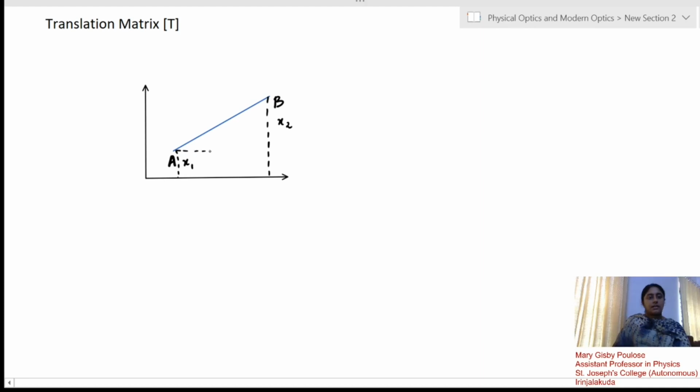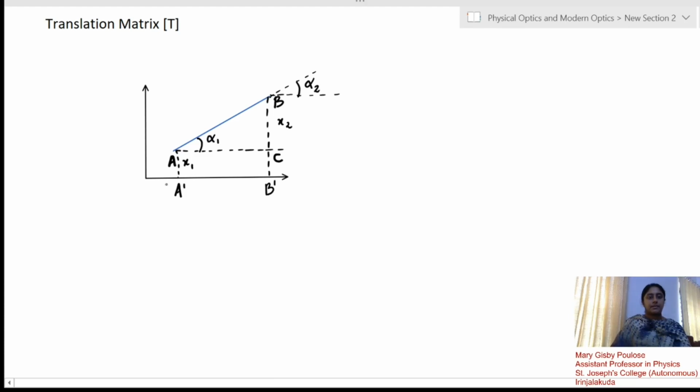If I draw a line parallel to the z-axis with point A and point B, extrapolating this line, I can define the angles. Let this be angle alpha 1 and this be angle alpha 2. I'm going to denote this point as C. This point is A prime and this point is B prime.